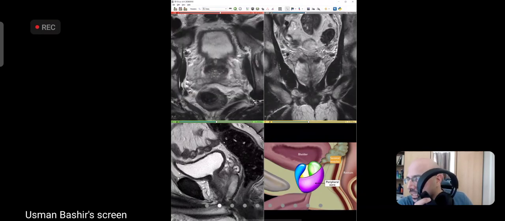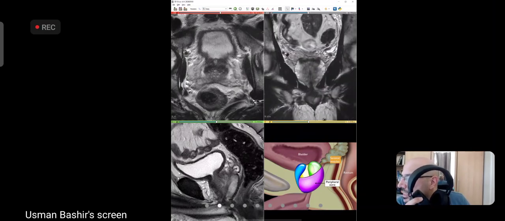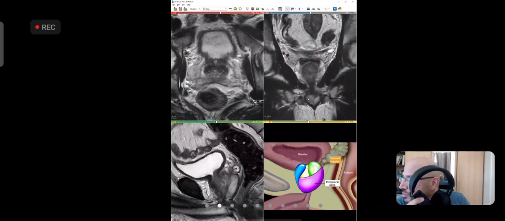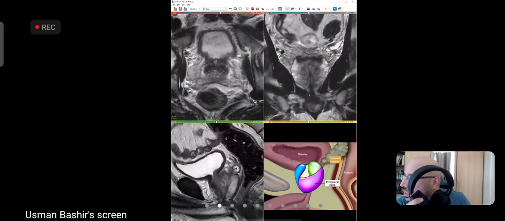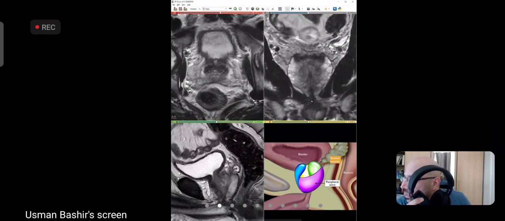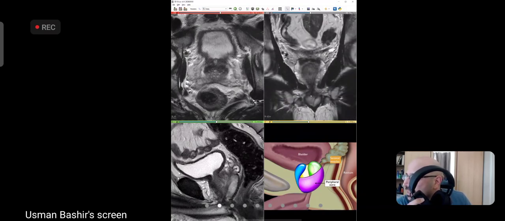The other surgically significant landmark to identify is the membranous urethra, which is obviously the urethra as it exits the prostate gland. So this is the lowermost apex of the prostate gland. Right below that, the urethra pierces the urogenital diaphragm, and it joins the penis. And right here is the bulb of the penis.